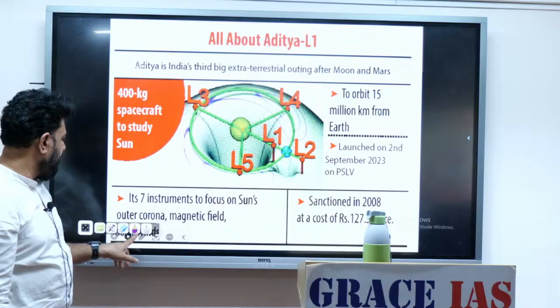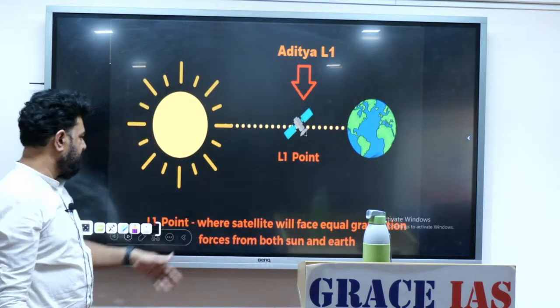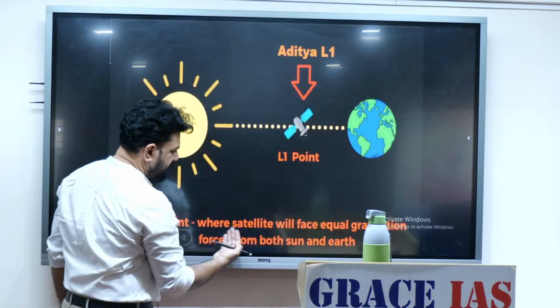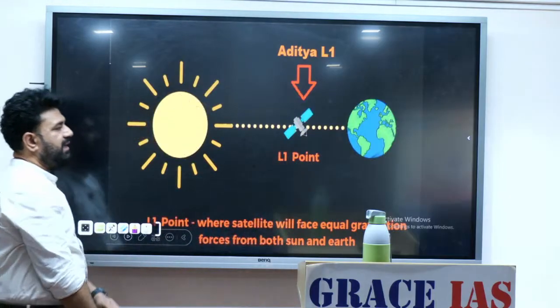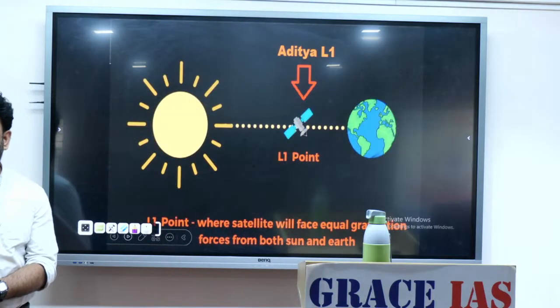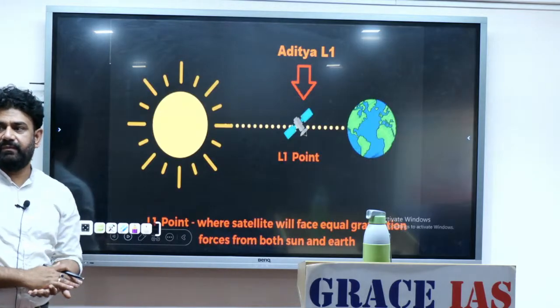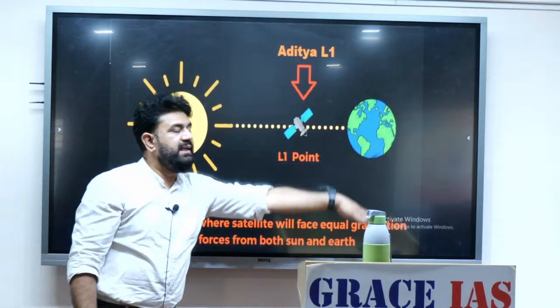L1 is Lagrange point. It's a previous question here. What is L1 point here? As you can see, this is a previous question, hence I included that. The gravitational forces from both sun and earth get neutralized at one point. That one point is called the Lagrange point or L1 point, and Aditya L1 is at that place. Neither is it pulled by the sun nor by the earth.